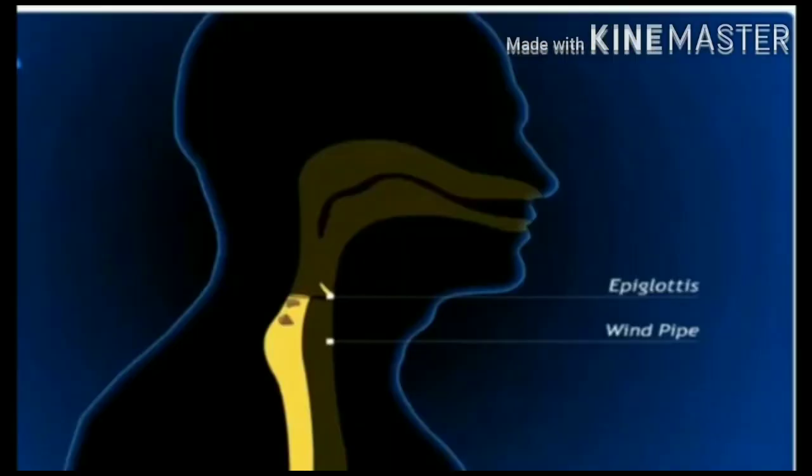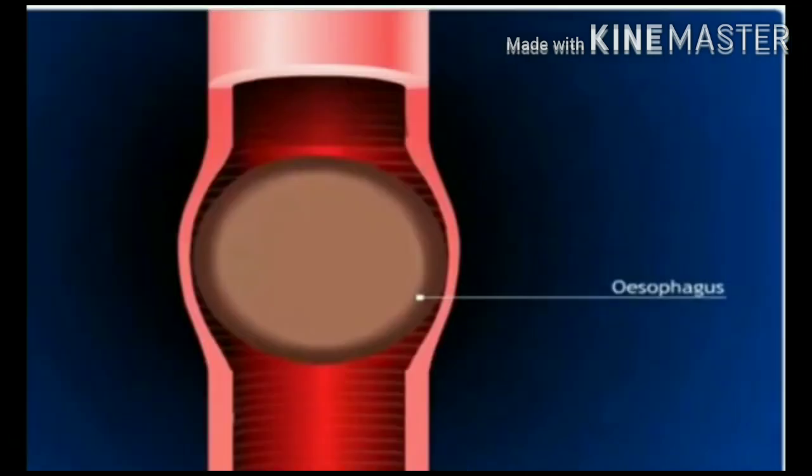The slightly digested food in the mouth is swallowed and goes down into the esophagus. It is a tube which connects the mouth to the stomach. It is commonly known as the food pipe.